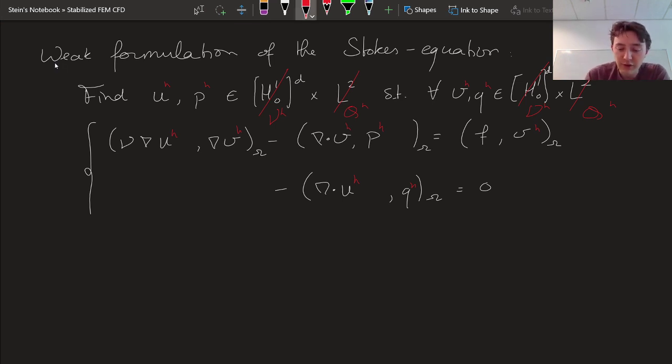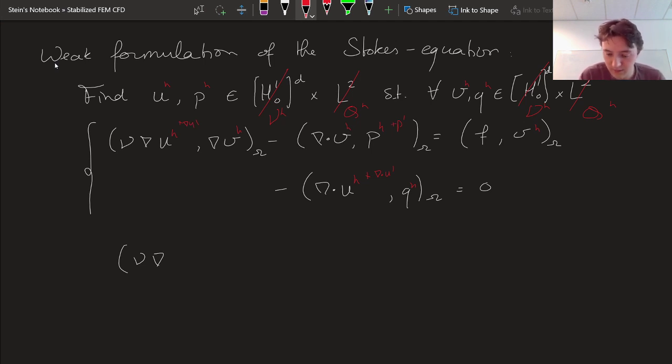Yeah, so if we throw away all these u primes and p primes, then what we're implicitly saying is that the following needs to be true. So there should be a gradient here. Excuse me.